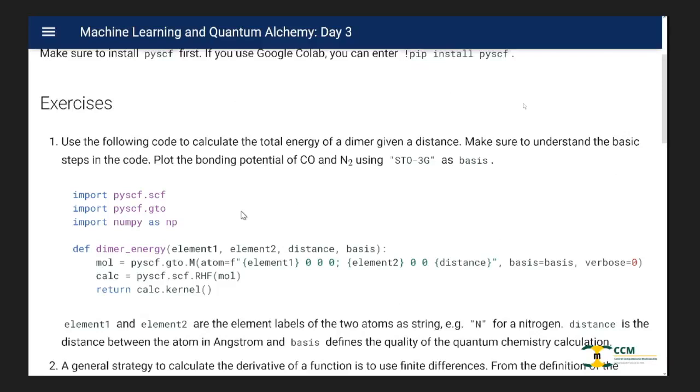Because the function takes this argument, distance, that specifies how far away those two atoms are going to be. That's why you get this curve. For different distances, you can run the calculation. And that's exactly the first task: produce that curve for, say, N2 or CO. Any questions?